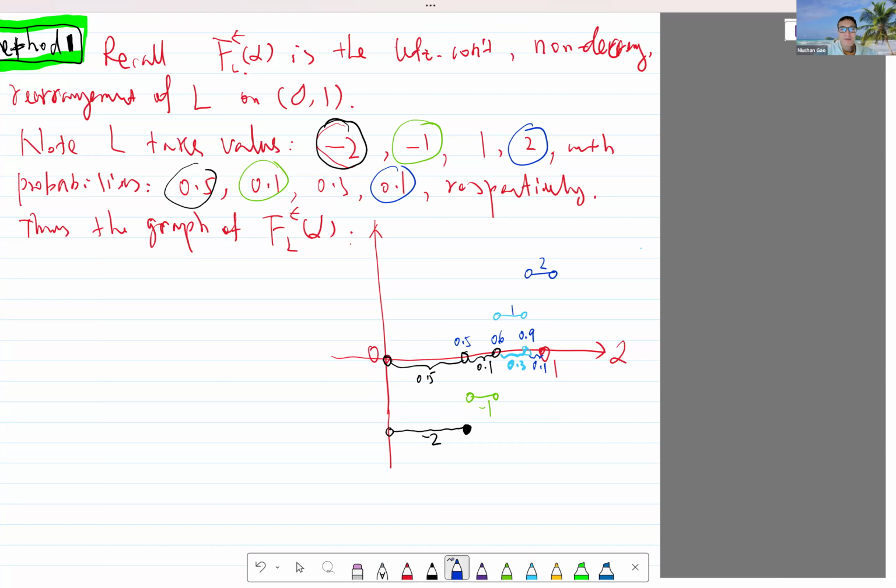So we only need to add the left continuity: f left arrow must be left continuous, continuous from the left, at this piece and at this piece. Done. This is the graph of f left arrow.